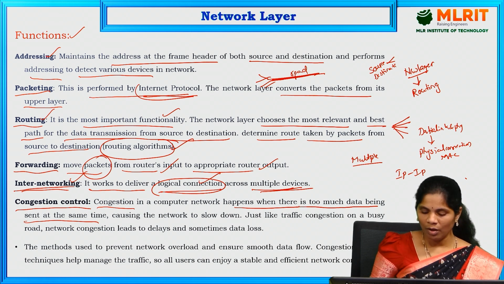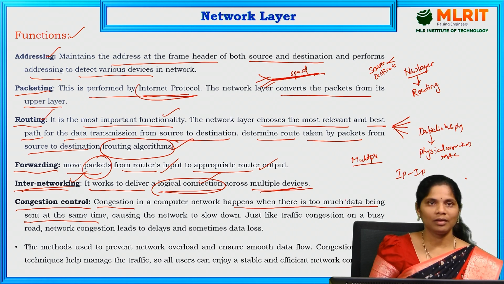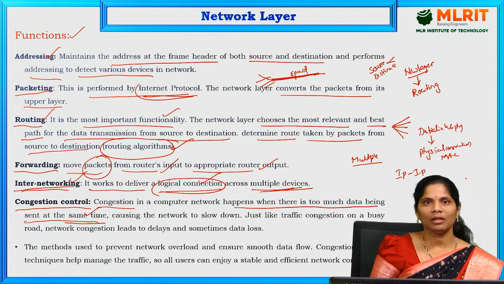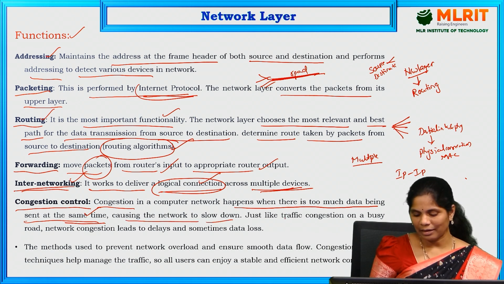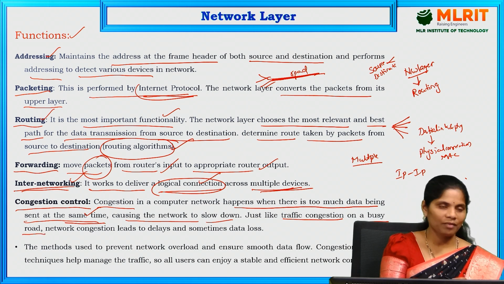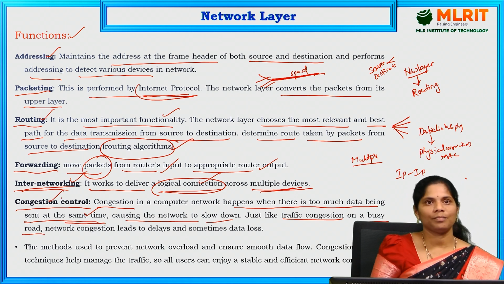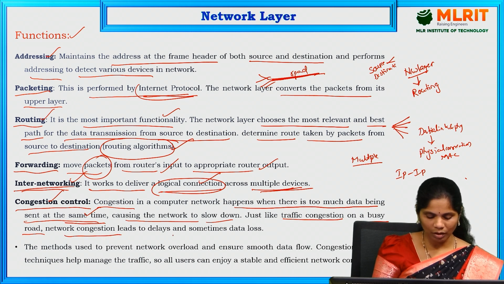Here also, multiple users send data on the same route at the same time. Then there may be congestion, which causes a slowdown, just like traffic congestion on a busy road. This network congestion leads to delay.